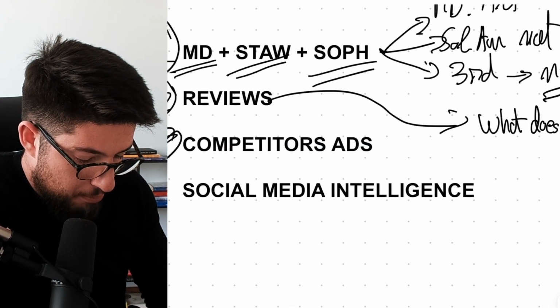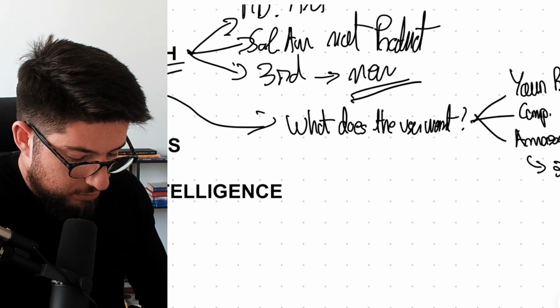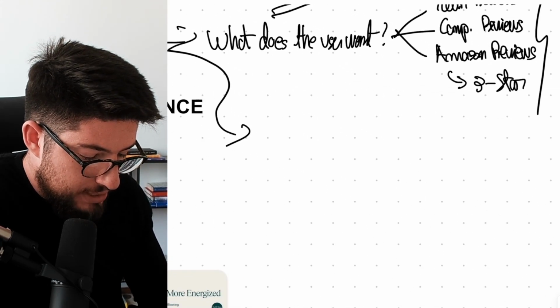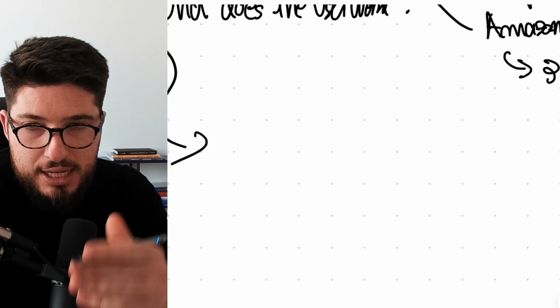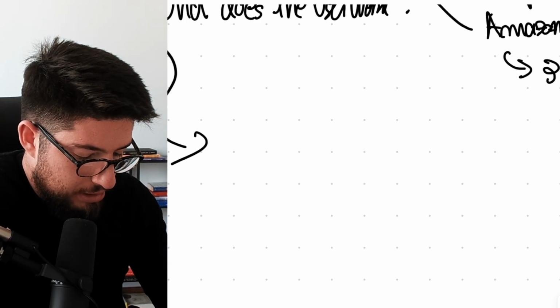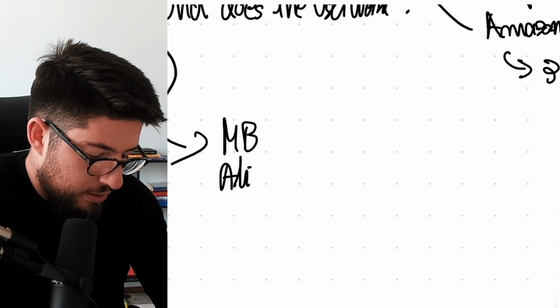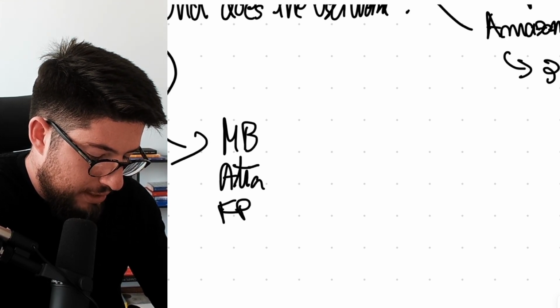Then go into your competitors' ads, and I'll tell you how to do it. Competitors' ads and then social media intelligence. For competitors' ads, I don't care if you use the ads library. Ideally, you should use something like Magic Brief, Atria, or Foreplay.